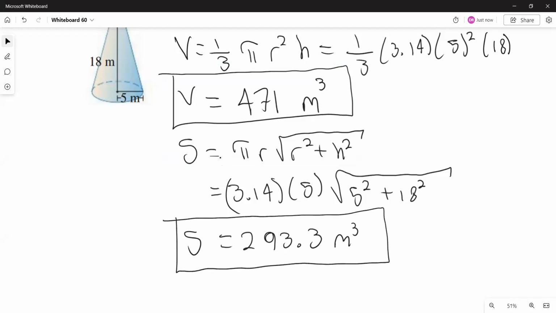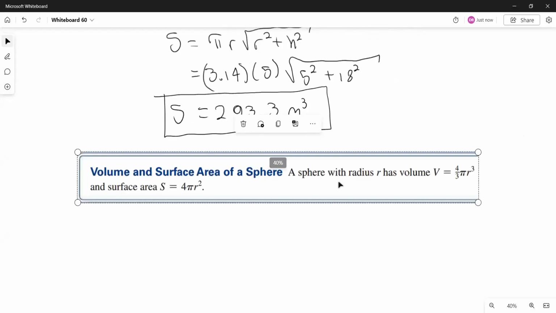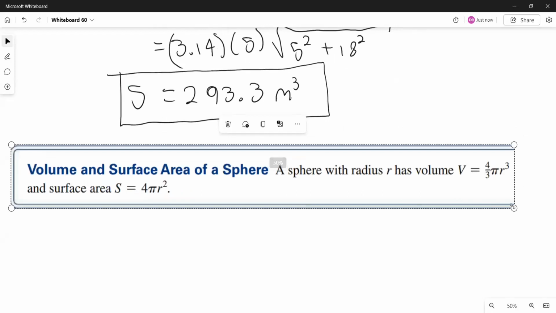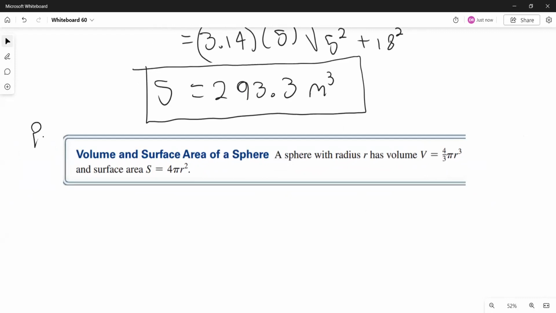Okay, the last type of figure is going to be a sphere. Those are the last two formulas.